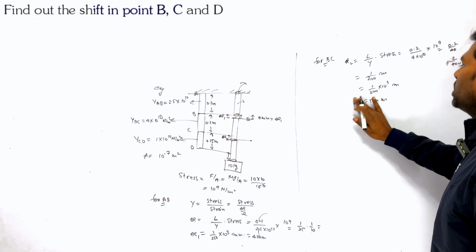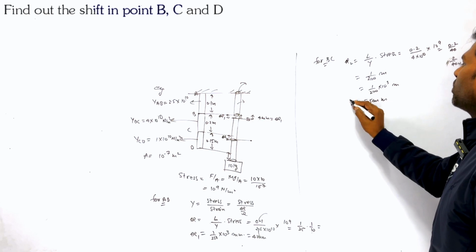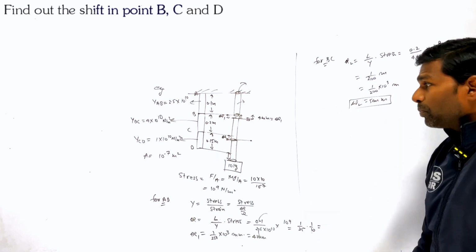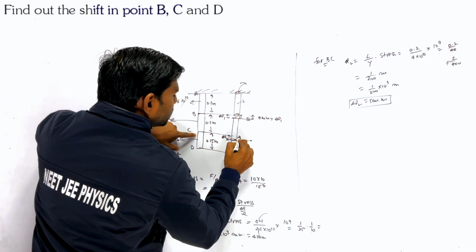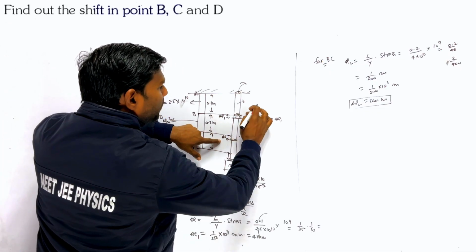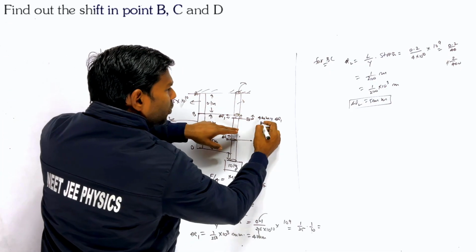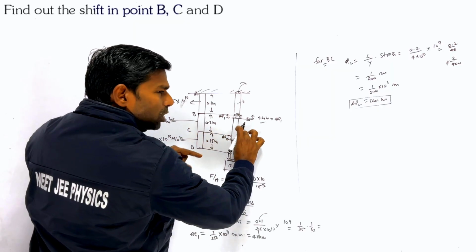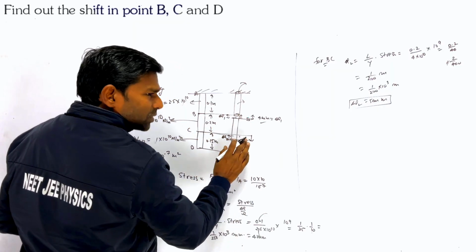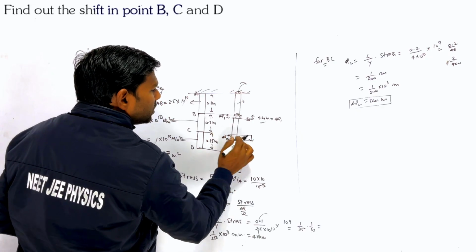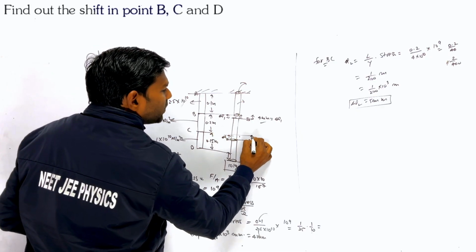So the elongation in the part BC is 5 millimeter. But they are asking the shift in the point. This is the elongation, but B is already shifted by 4 millimeter, and this is more elongation by 5 millimeter. So this point C is shifted.